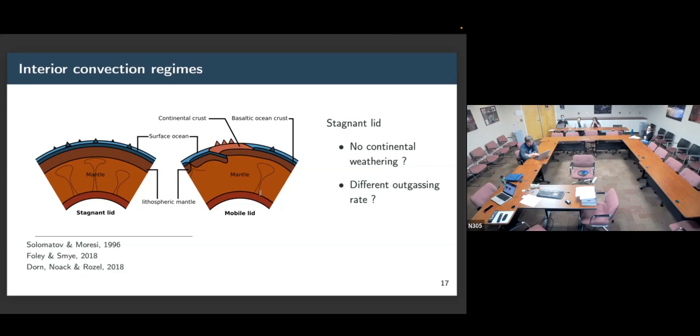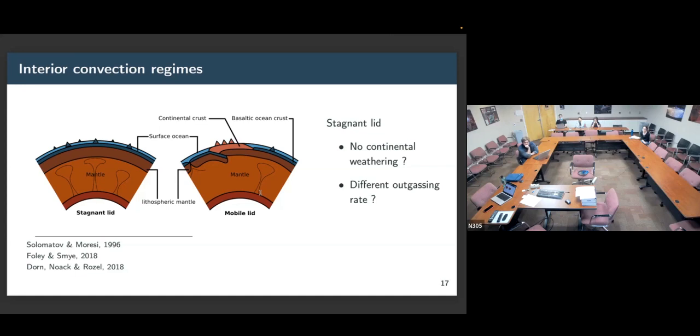But stagnant-lid planets, such as Mars and Venus, put it simply, do not typically have continental crusts. So they are likely, if they have an ocean, to only have this seafloor weathering that I was also mentioning. They also have a different outgassing rate, and we might ask whether those planets are habitable in the same way that Earth has been, in their ability to maintain temperate conditions.